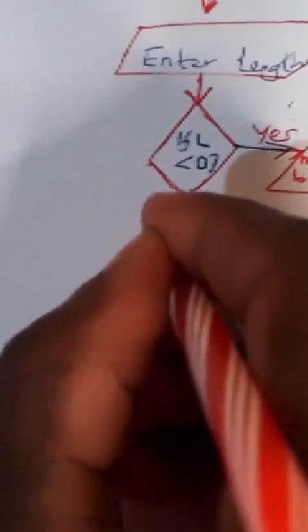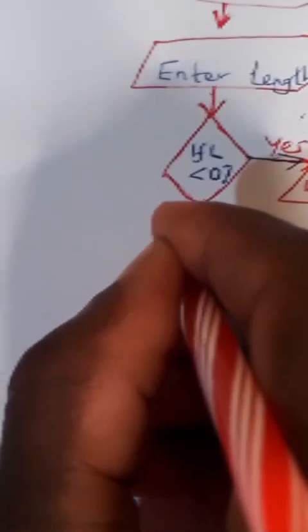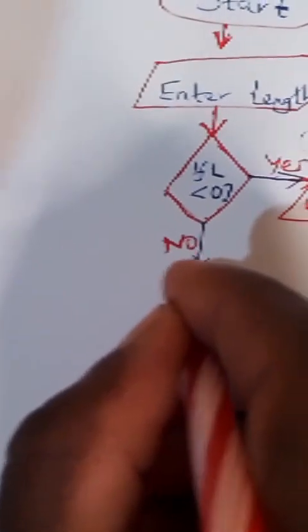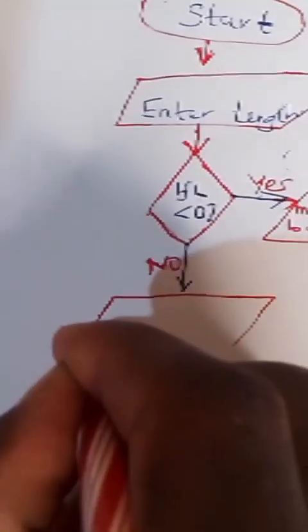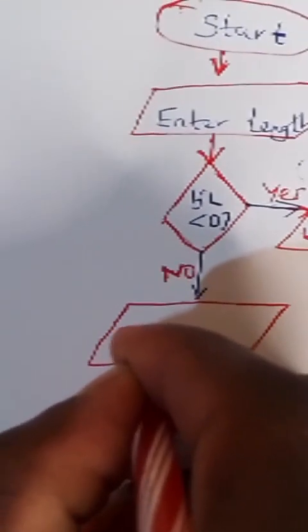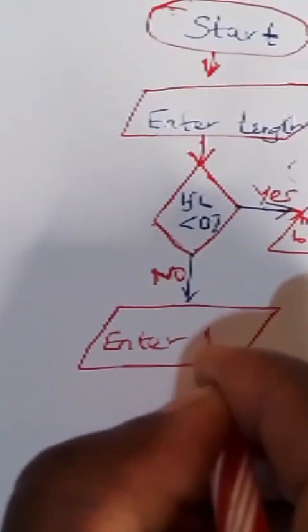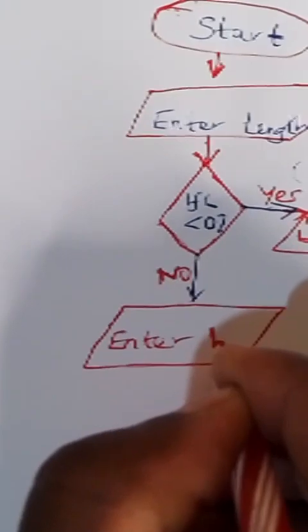And if it is no, you enter H. And remember, when entering H, you are displaying, so you also use a parallelogram. H is our height.